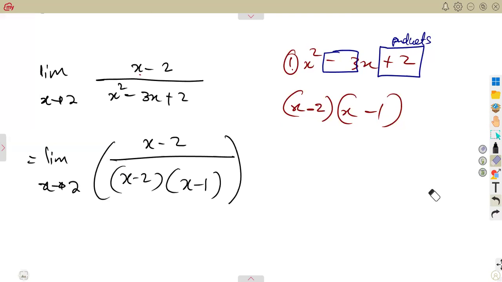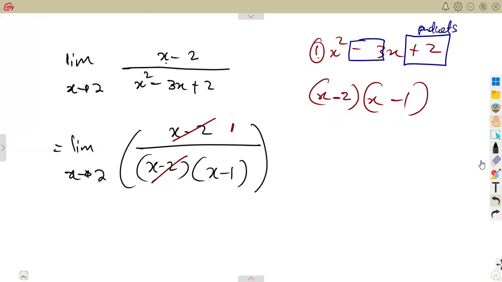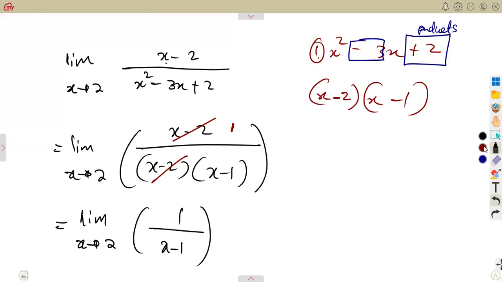The x minus 2 cancels, so you're going to remain with 1 in the numerator. That means we're going to have the limit as x is approaching 2 of 1 over x minus 1.